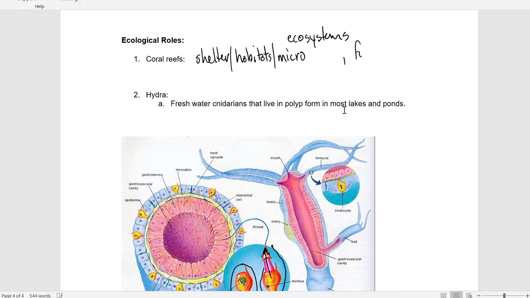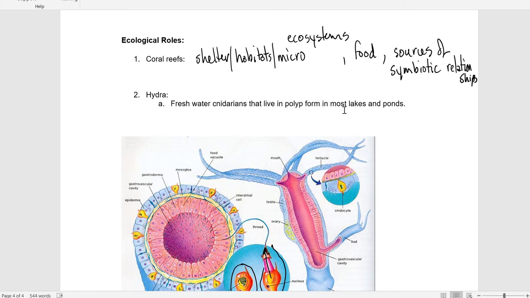They can be food, and sources of symbiotic relationships. Think of your clownfish, Nemo, and his sea anemone, so symbiotic relationships.